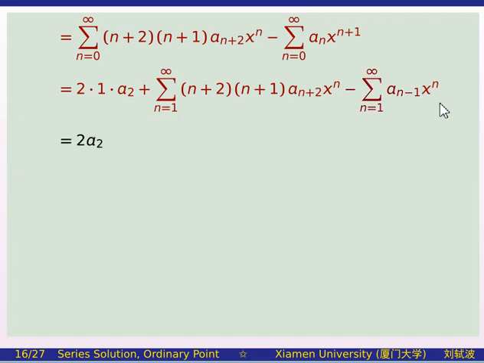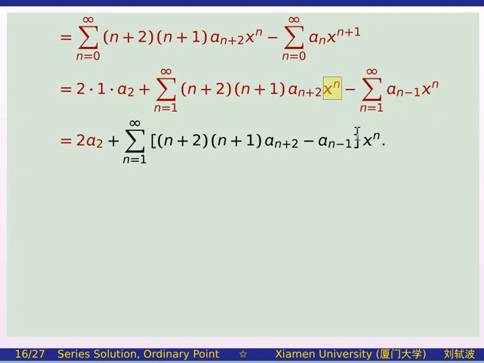Firstly, the first term we copy to this line, and then we combine the two summations to get the coefficient of xn. It is the coefficient of the first summation, n plus 2 times n plus 1 multiplied by an plus 2, subtract the coefficient of the second summation for xn, that is an minus 1.